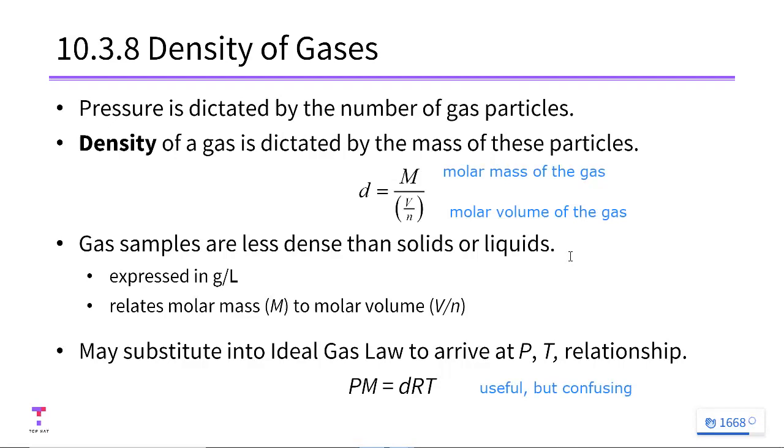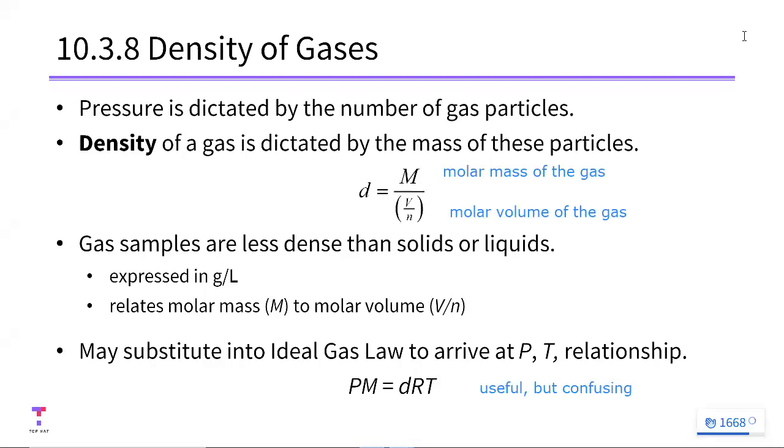What I would do instead, if I needed to determine pressure and temperature relationships off of the density of a gas, is use the ideal gas law. By using the ideal gas law, I can figure out what the volume should be or what the number of moles should be, and then calculate the pressure or the temperature from there.